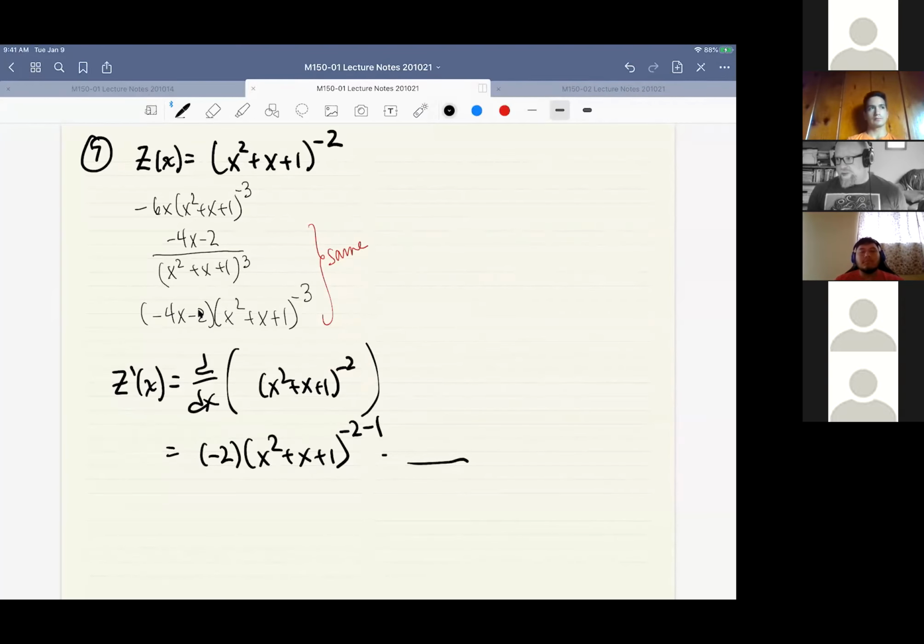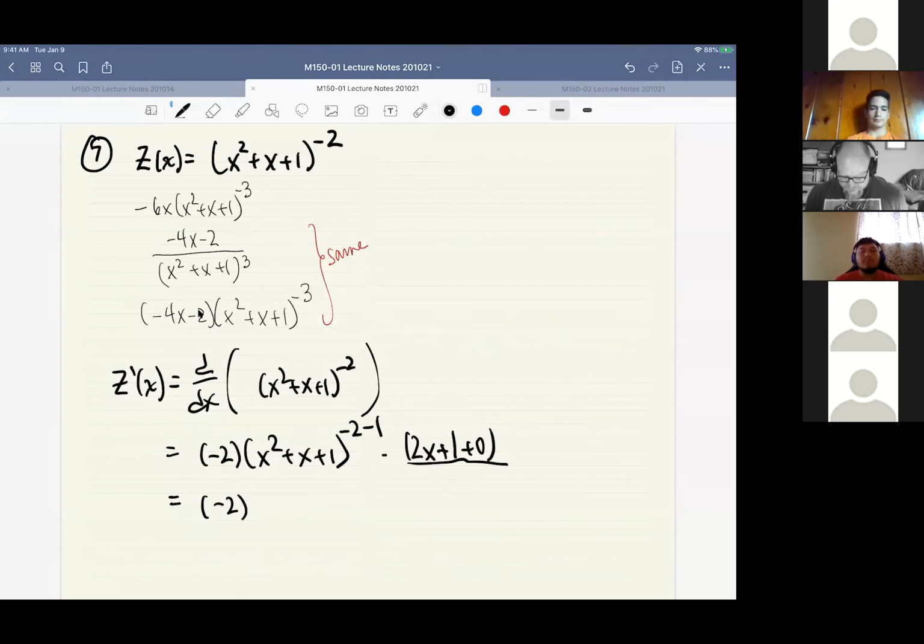The chain rule tells me I need to multiply by the derivative of this inside. That's the derivative of x squared, which is 2x, plus the derivative of x, which is 1, plus the derivative of 1, which is 0. Doesn't matter.